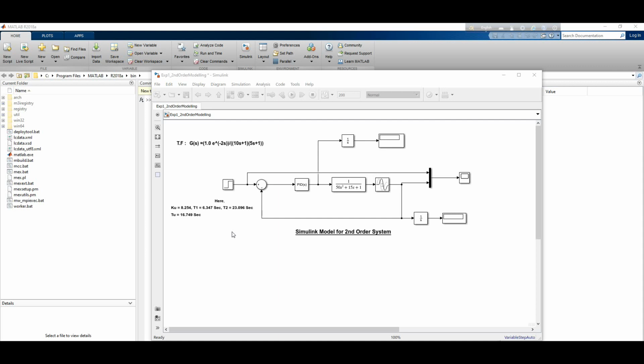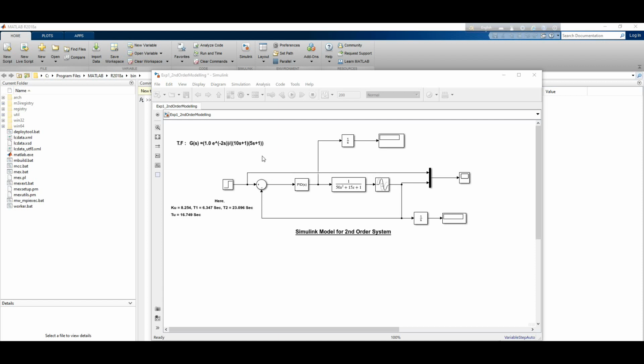That means if you have a real-time process with certain parameters like process gain, delay part, that is our dead time, and the time constant, we have to determine these parameters from the process itself. That part we have done in the previous video I uploaded.